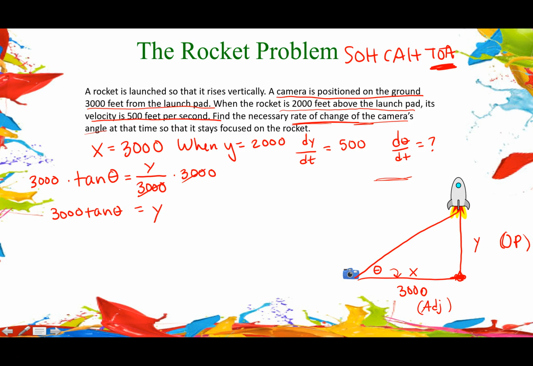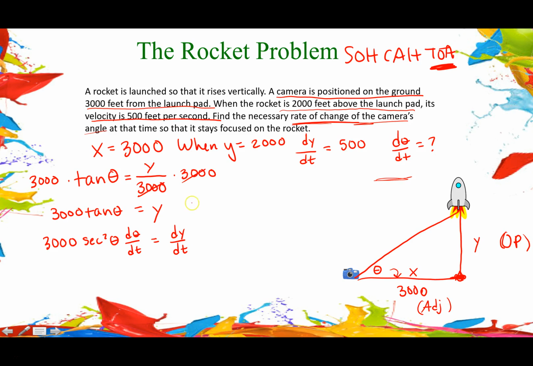Next step is to take the derivative. Taking the derivative of 3,000 tan theta gives me 3,000 secant squared theta, and then don't forget to tack on your d theta/dt. And what's the derivative of y? That's going to be dy/dt. As a reminder, we're taking the derivative with respect to time.